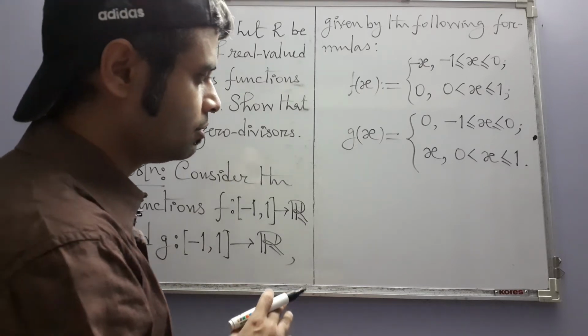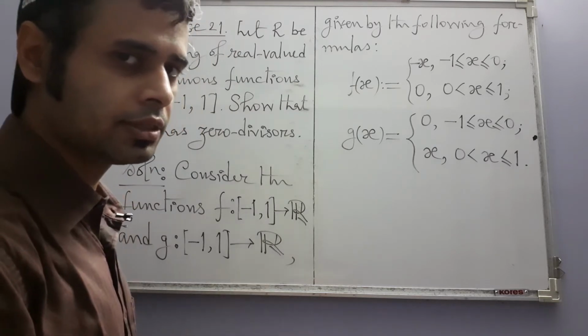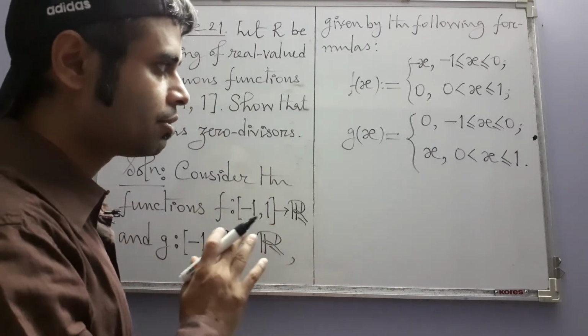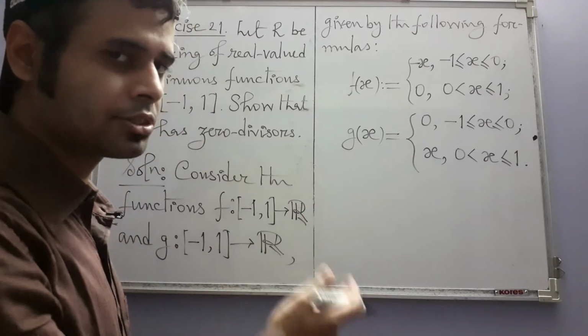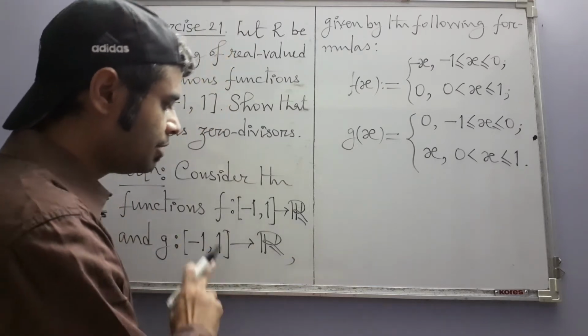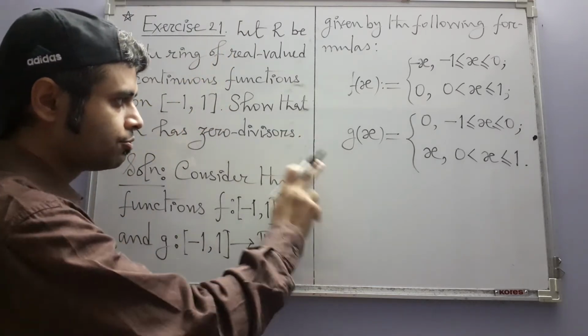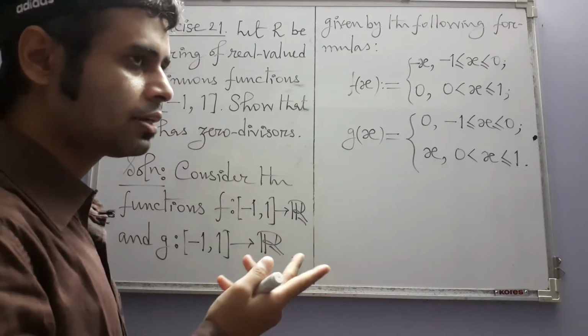Instead, I will draw the graphs of these functions. From the graphs you can see that they are continuous, which however should not be a part of the solution. I will just simply be showing the graphs as a demonstration.